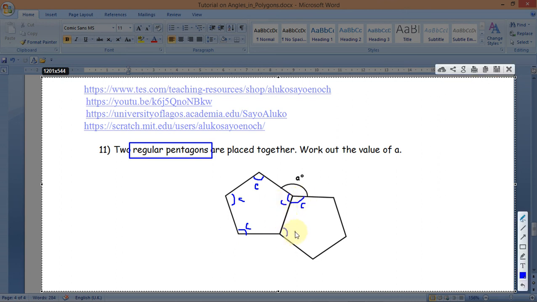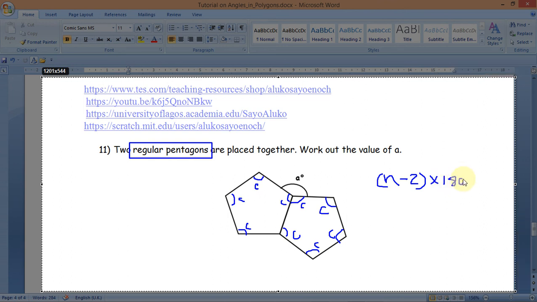So everything is cool with this now. What I'm going to do is find each interior angle, that is, I'm looking for C. Each interior angle in a regular polygon is given by (n minus 2) times 180, that is the sum, but to get each interior angle, you divide by n.